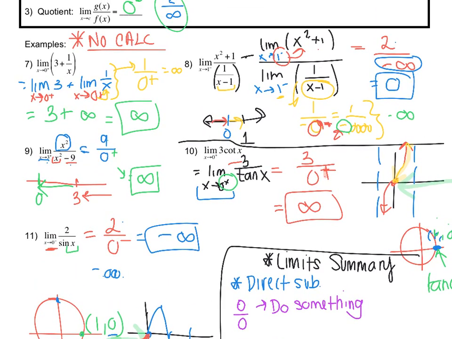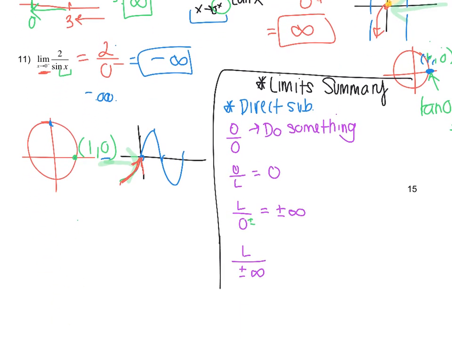If you look up here, 2 was the limit of the numerator, and then the denominator ended up approaching negative infinity. Well, the result of a real number divided by an infinite number, regardless of that infinite number being positive or negative, is always approaching 0. So that situation of a real number divided by positive or negative infinite numbers is always 0.